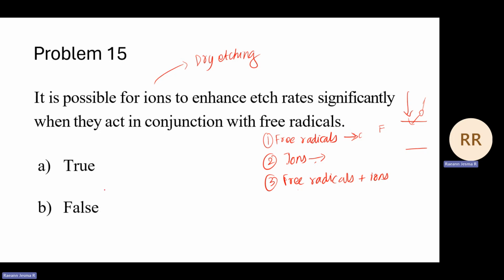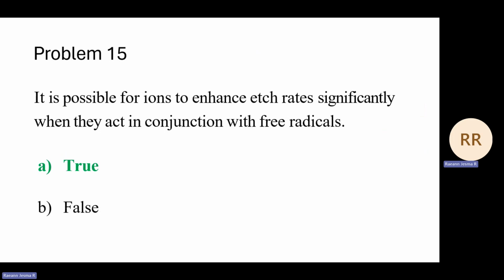So the answer for this question is true. We have to adjust the energy of the plasma, the concentration of the free radicals, pressure, and so on, so that we can enhance the etch rate significantly. Okay, so the answer is true.